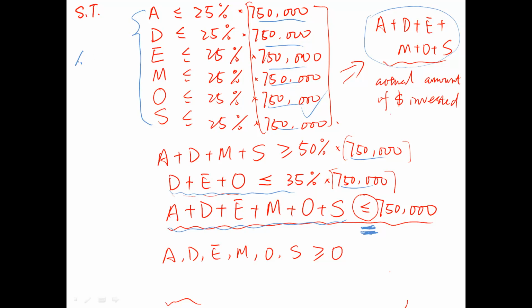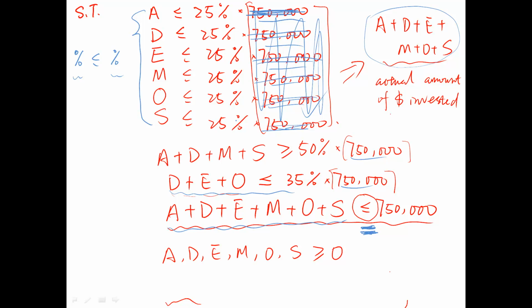So now we are saying percent is less than or equal to a percent. So back to that consistency with the units. Percent less than percent. So we just cross this 750 here. Same here. So we don't need those ones. What we are saying is the percent of money put in A should be less than 25%. The percentage of money put in D should be less than 25%. So all the percentages should be less than or equal to 25%, which makes sense now.